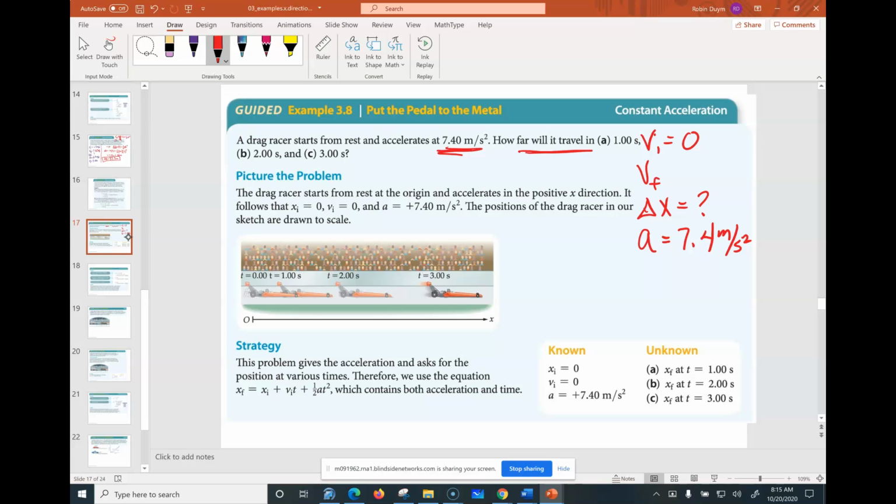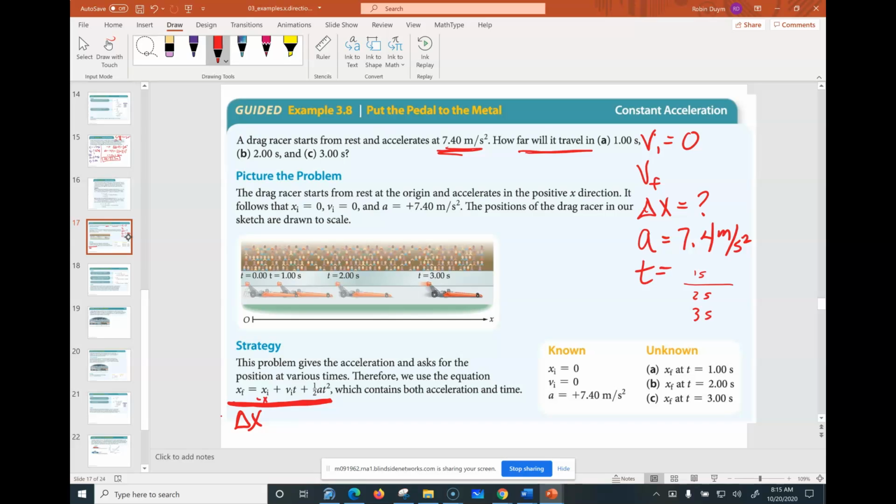You could look at this and you could say, okay, well, after 1 second, how far did I go? And then we want to say, well, after 2 seconds, let's just set it up and let's eyeball it. If we want to know how far, we want to know our displacement. So we're going to come down, we're going to use this guy again. I can also write it as my displacement.